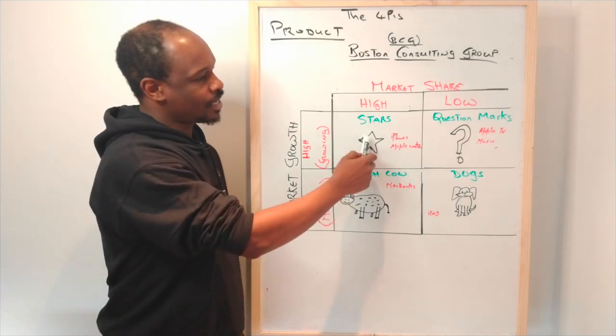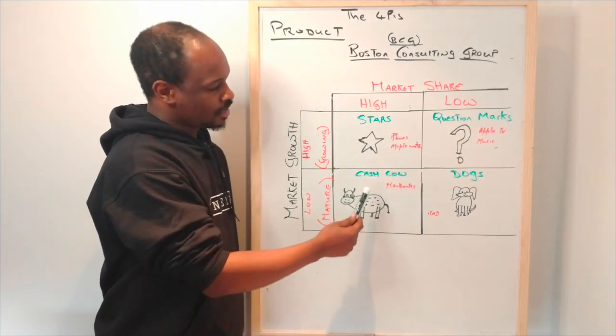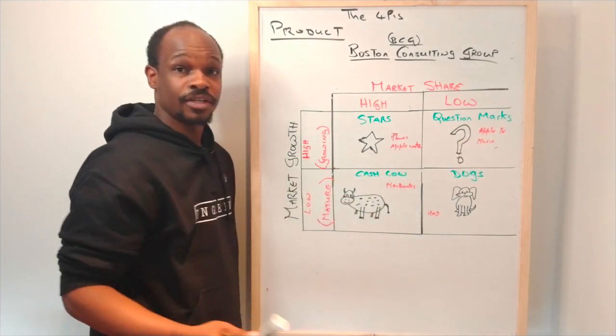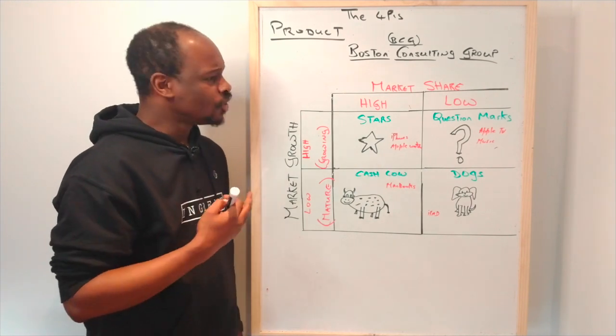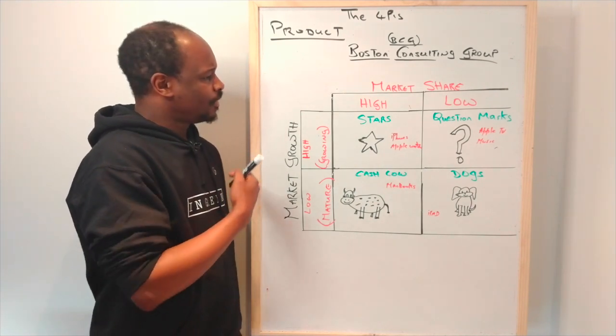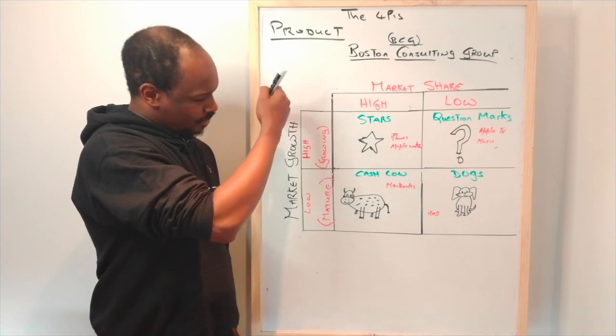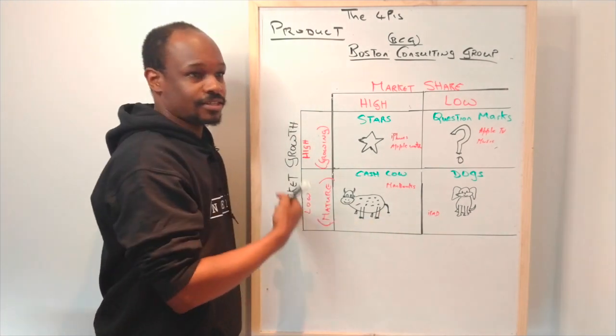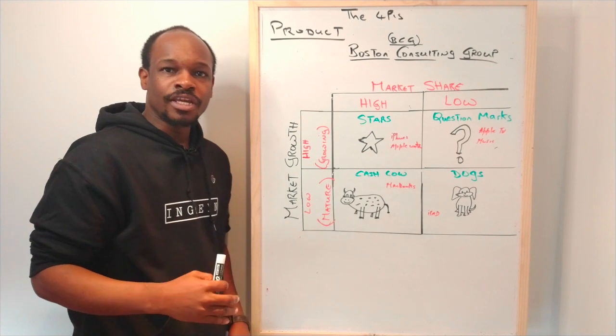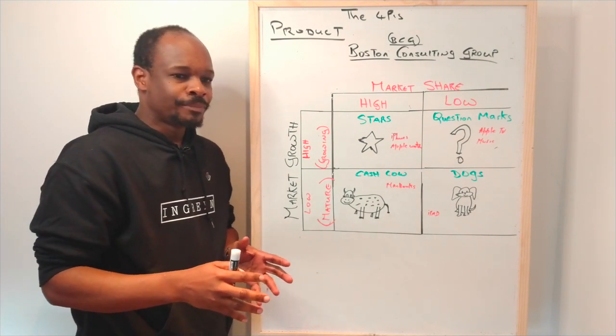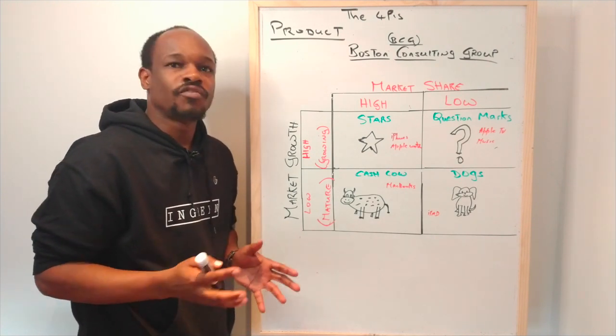You have the stars, the question marks, the cash cow, and the dogs. So you're really just comparing the y-axis with the x-axis to see how the products are organized within the portfolio for a company.